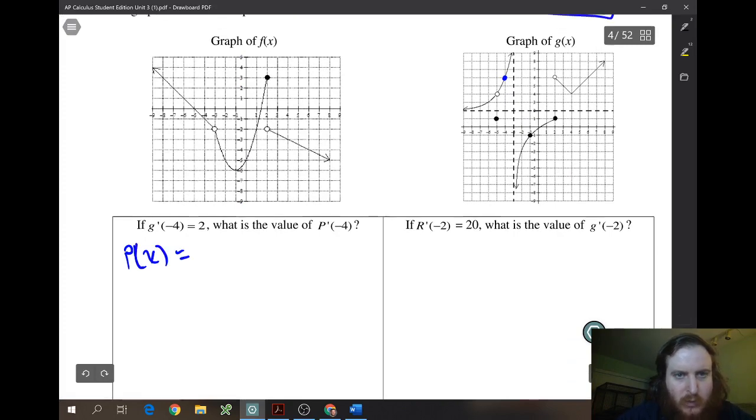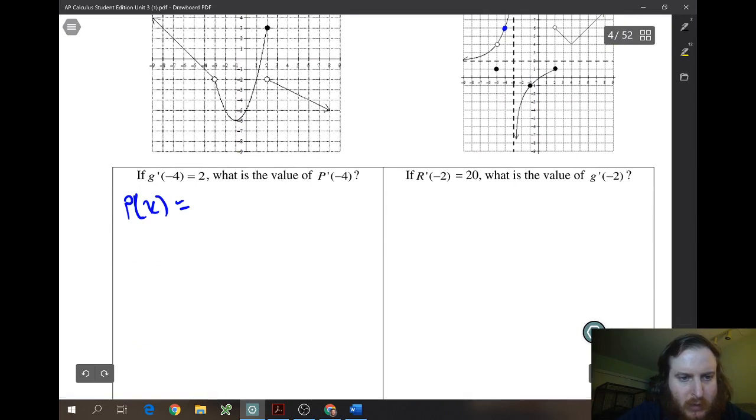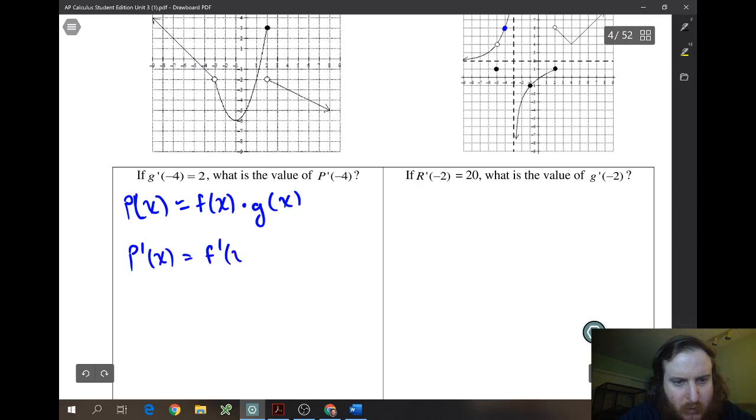What was p of x? We said it was f of x times g of x. Now, for p prime of x, we're just going to write it the way the rule is. f prime of x times g of x plus f of x times g prime of x.